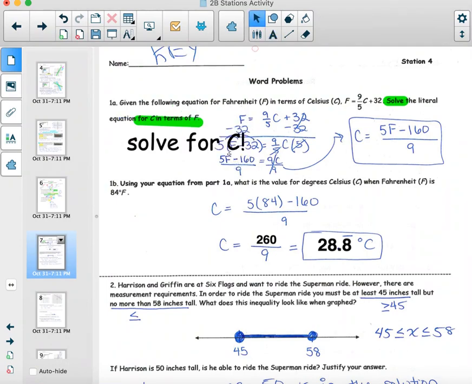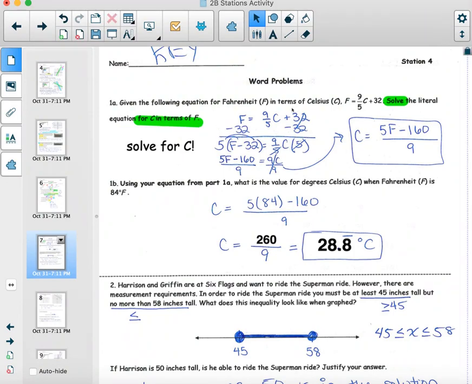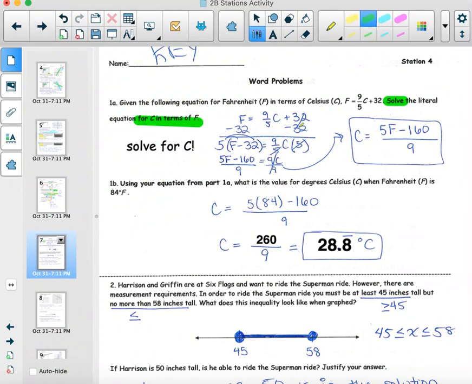Okay. So by solving for C, I first brought over my 32. To undo addition here, I had to subtract. Then I decided to look at the multiplicative inverse of the 5 in the denominator.